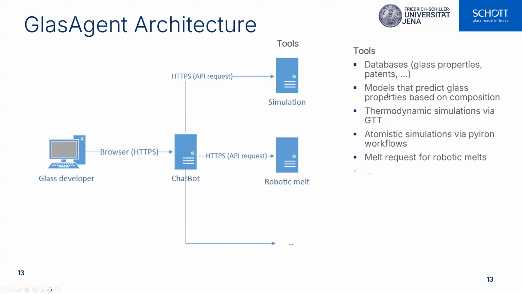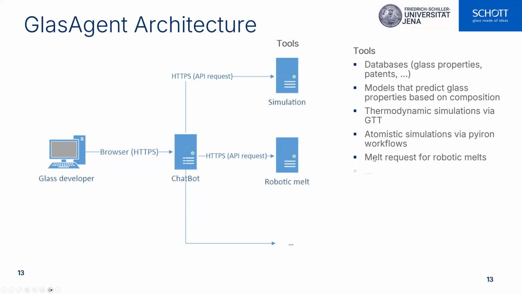It can use these models that I showed before to predict the glass properties based on composition. It can also do so-called calculation of phase diagrams. There's commercial software for doing thermodynamic calculations based on commercial databases. It should be able to run atomistic simulations.